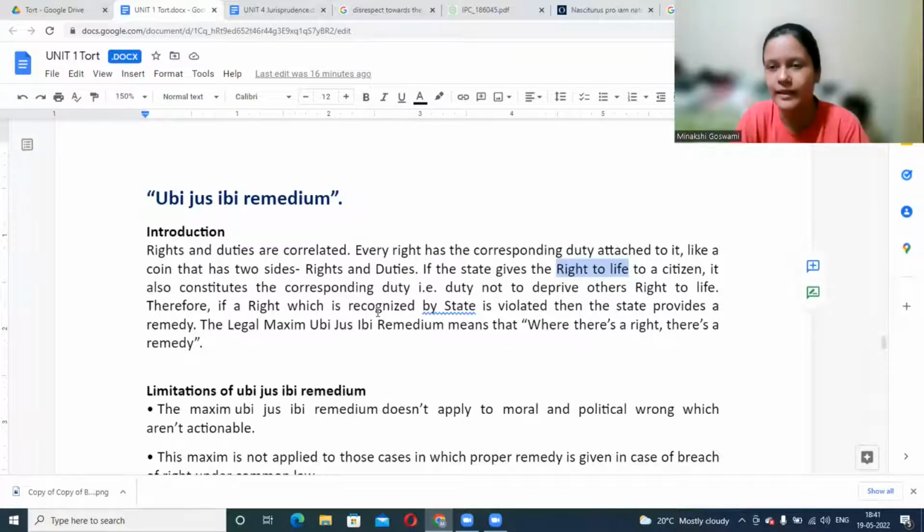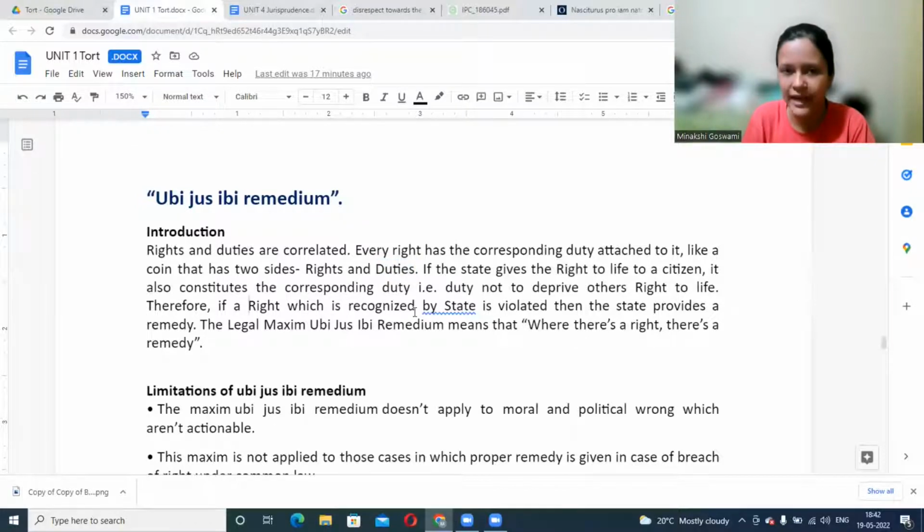Someone has to be there to provide it. So the government has imposed the duty on the education department, teachers of government schools, administration of government schools, inspectors of schools, all these different bodies, to provide free education to kids between 6 to 14 years. So whenever we talk about a right, somebody or the other will have some sort of duty attached to it.